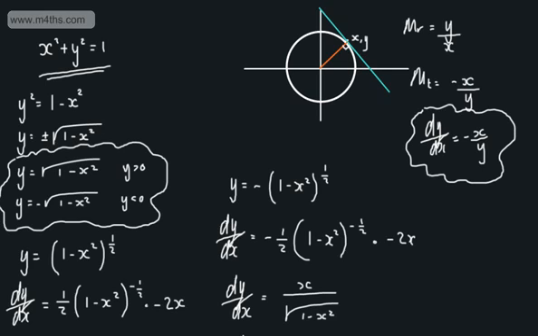So at this stage what we're going to do is rely on the understanding that y is defined as a function of x. So let's go ahead now and look again at x squared plus y squared. So x squared plus y squared is equal to 1. Now what I want to do is find the gradient of this equation, dy by dx.